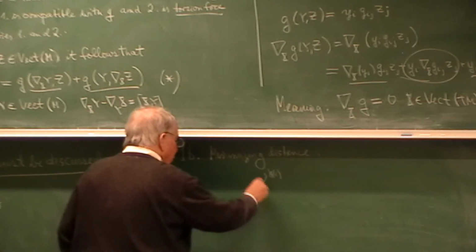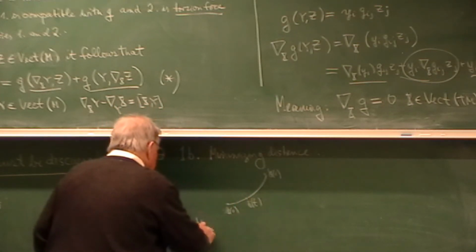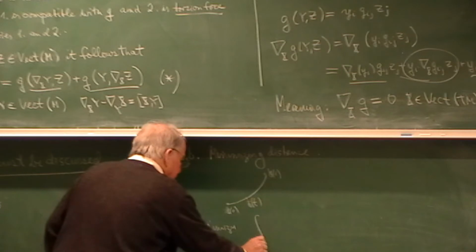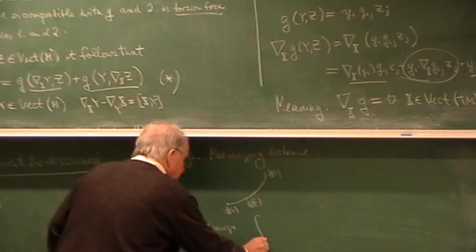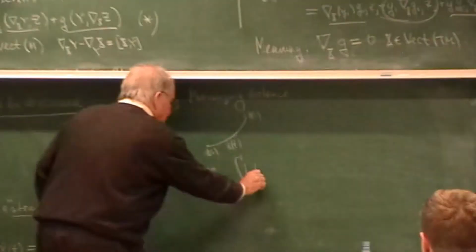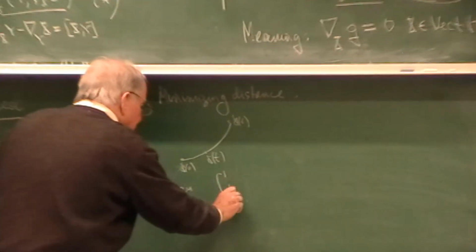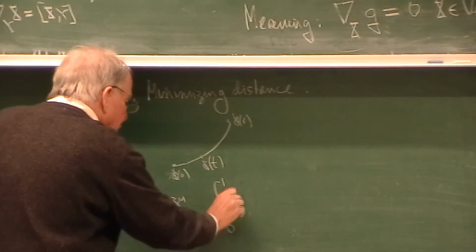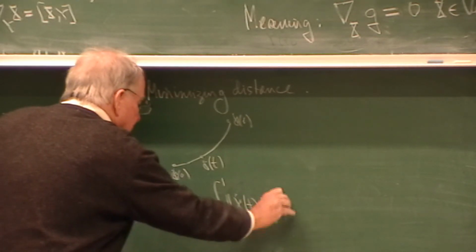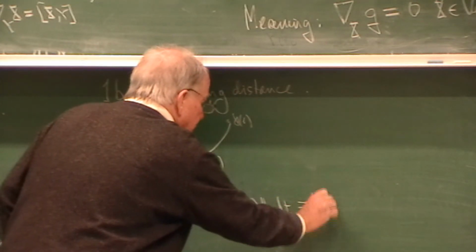At least locally, no self-intersections, and so on, which minimizes the integral, say from 0 to 1, of the length, which is the norm of the tangent. This is the length of the curve with respect to the metric.